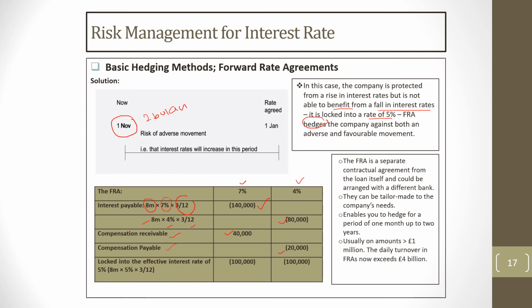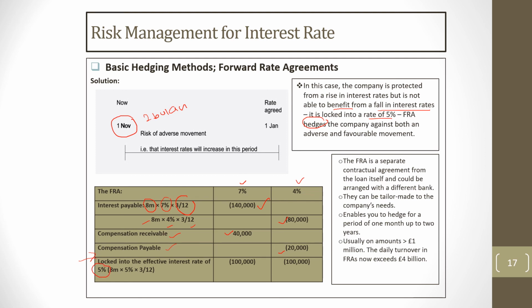Okay, so how do you get the compensation receivable and payable based on the lock that we have made? If you refer back to the question, we have locked the effective interest rate of 5%.